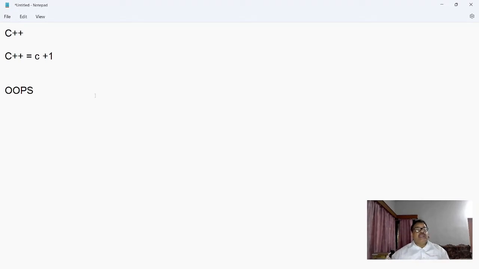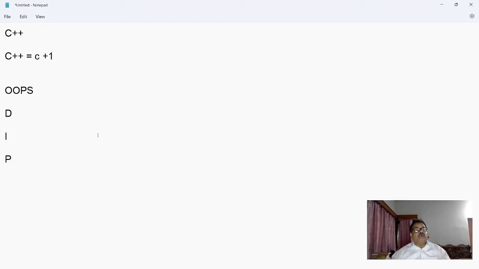If you see the object oriented programming system attributes, there must be these three attributes that I always quote as DIP. D stands for data hiding, I stands for inheritance, and P stands for polymorphism.